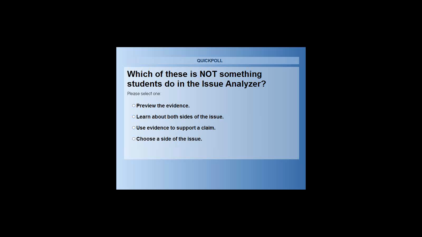So we're going to do a quick little poll quiz here. You should be able to see on your screen a question, and the question is, which of these is not something students do in the issue analyzer? So go ahead and answer the question.